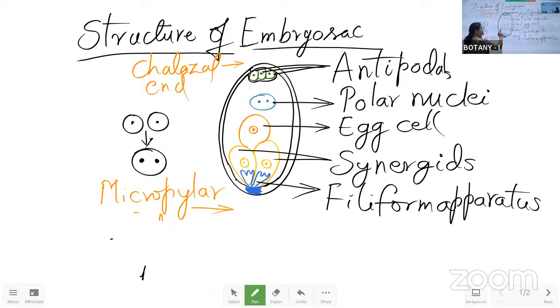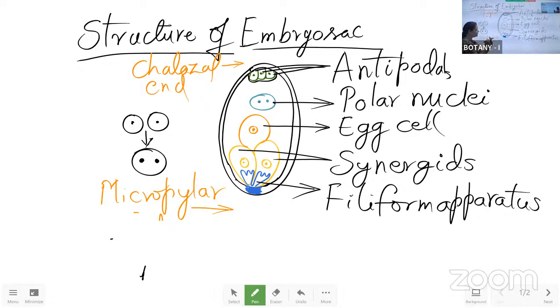Synergids are the two cells which are present, protecting the egg cell in the front part. In the front part of the egg cell, two synergids will protect it to avoid unwanted fertilization.